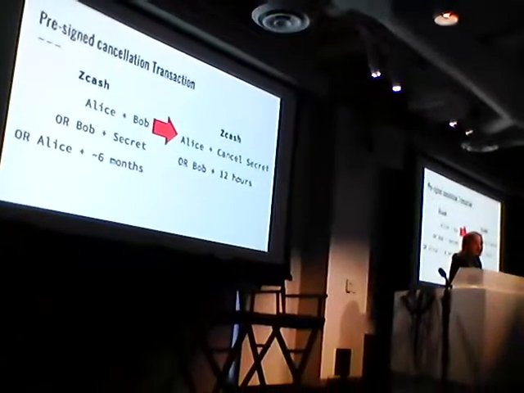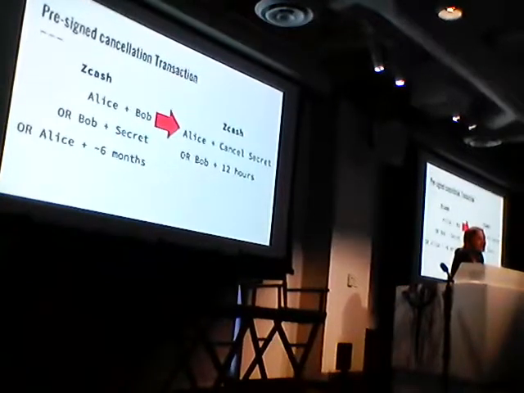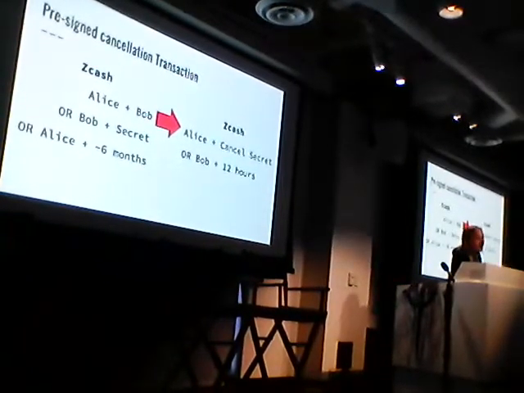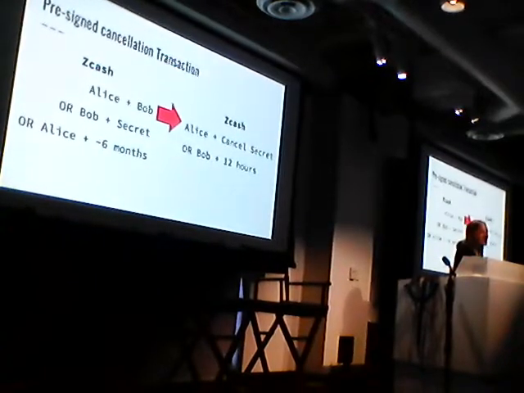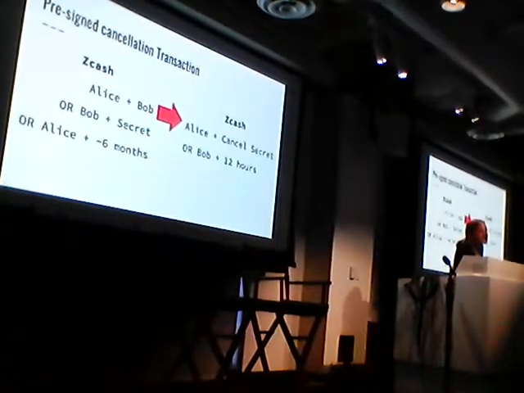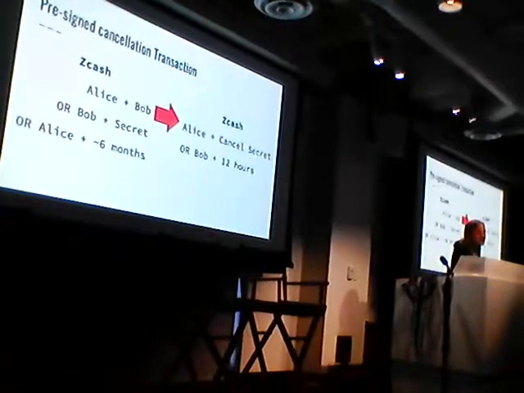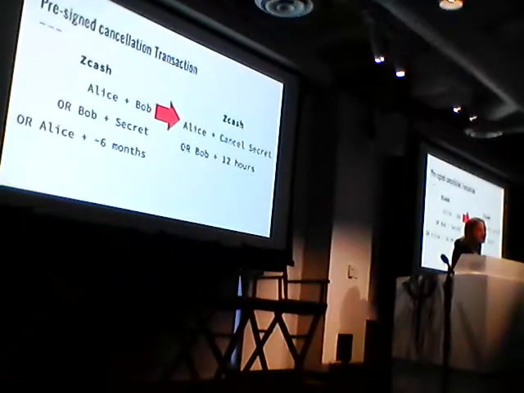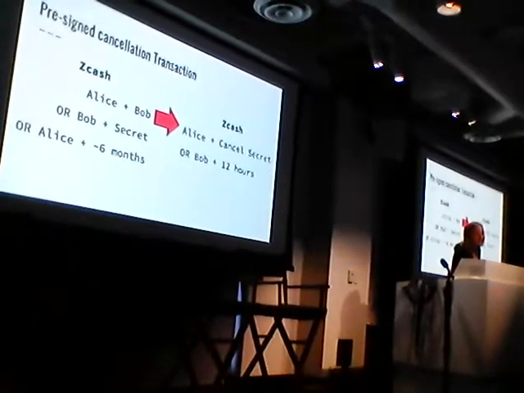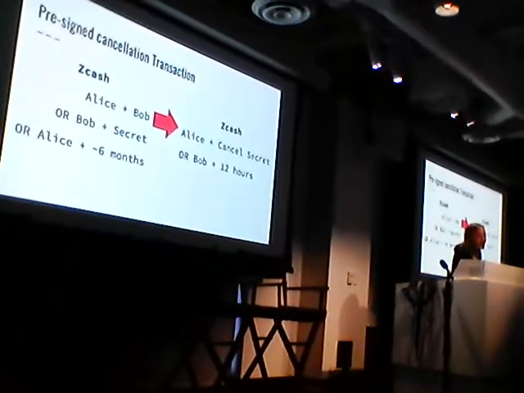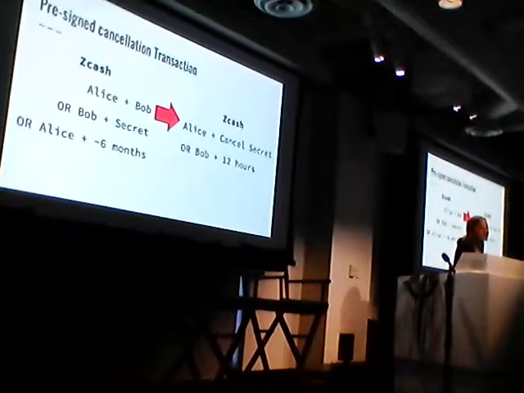And what this cancellation transaction does is it moves it from the script on the left, which is our cancelable option script, to the script on the right. And what the script on the right does is give Alice the ability to get her money out within 12 hours. After 12 hours, it gives Bob her money. So she has to do it within 12 hours or she will lose all her money.